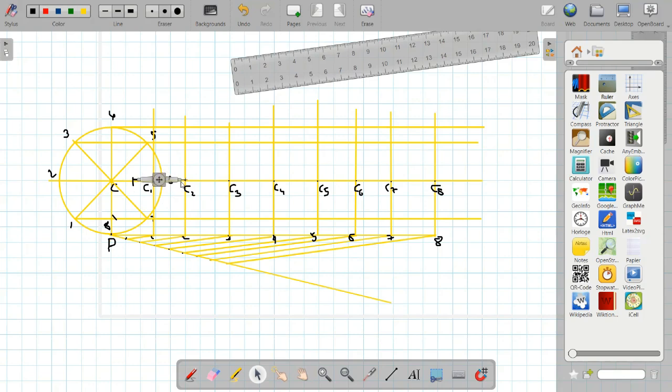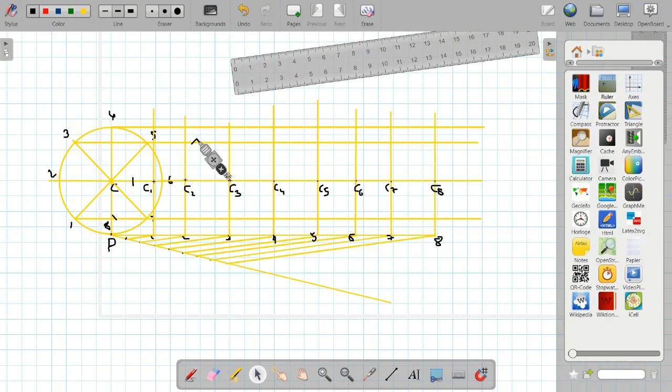Then shifting our center to point 3, we will cut on the horizontal line of 3. So this is the horizontal projector of point 3. On this line we will cut an arc, naming it as P3.